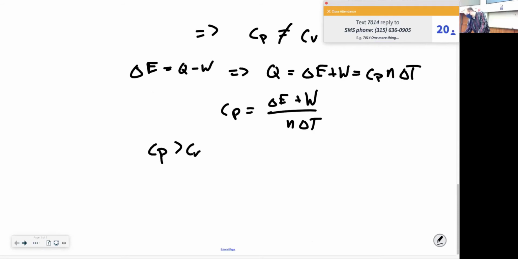It must be larger. It has to account for both the changes in total energy that are occurring and for the work that you're doing. Think about this. As your gas expands, it's doing work on its surroundings. It's losing energy. And yet your total energy gain must be bigger, and therefore the total Q in must be bigger. And so you need more Q to enact the same delta T. And therefore that Cp must be bigger.